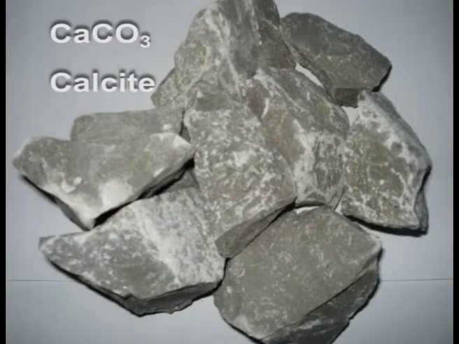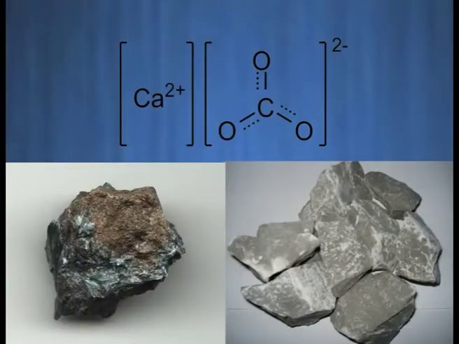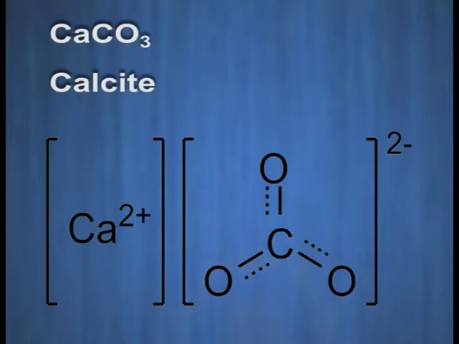They belong to the same isomorphic group in the carbonate class, because in both cases there are 6 oxygen around each iron and calcium respectively, 3 oxygen around each carbon, and 1 carbon and 2 iron or calcium around each oxygen.